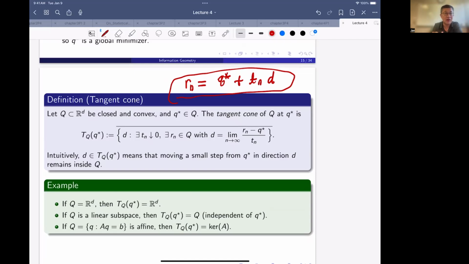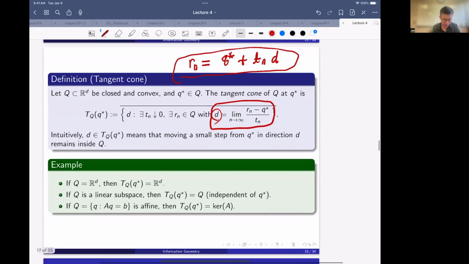So you allow t to go to 0, and basically this limit will be D, by definition, right?